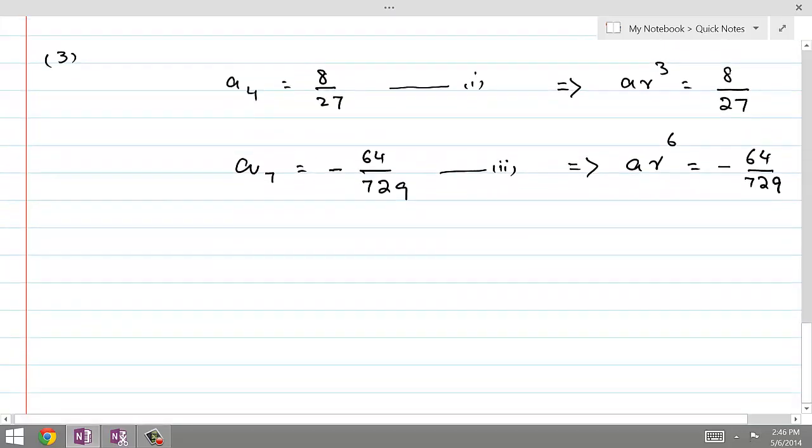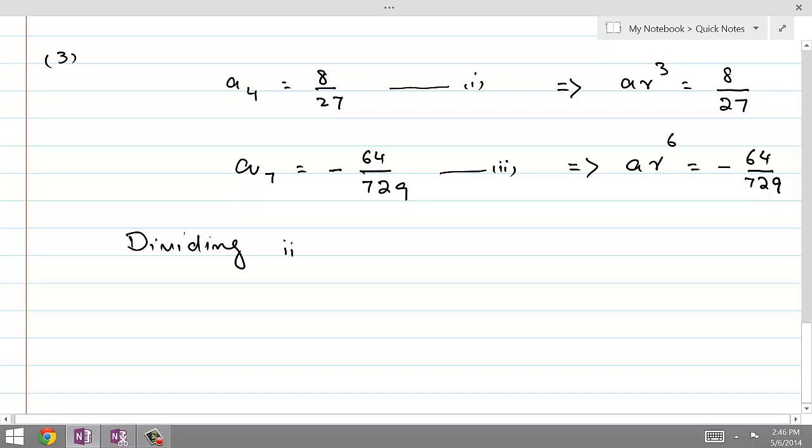So dividing 2 by 1 means we are dividing A7 over A4, which is minus 64 over 729, and this division will become multiplication if we reciprocate A4.